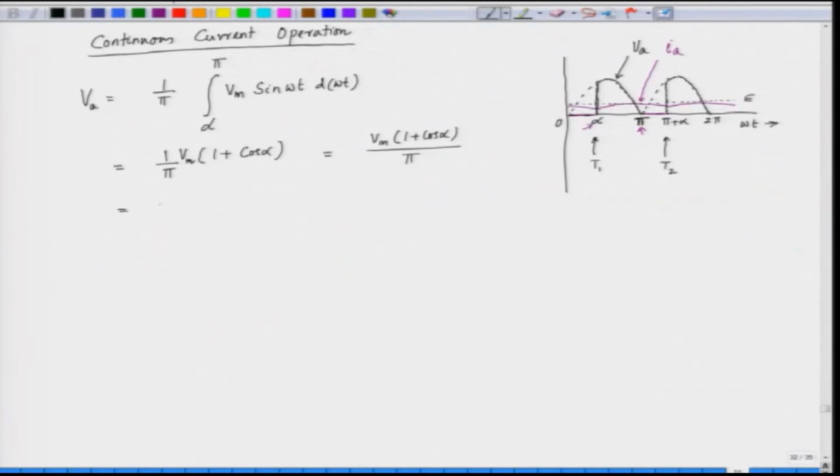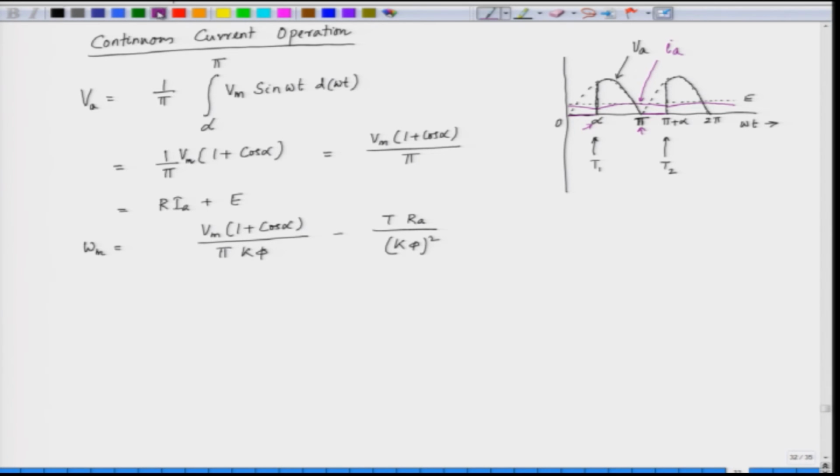Now, if we draw the torque speed characteristic for continuous conduction, we have a simpler equation here. V A is equal to I A R A plus the back EMF, or we can write omega m is equal to V m into 1 plus cos alpha by pi k phi, minus T R A by k phi square.